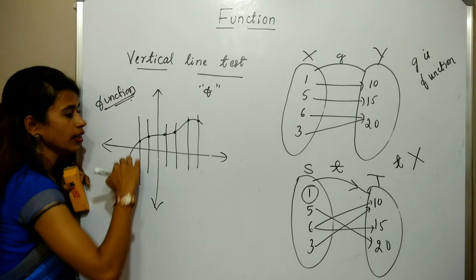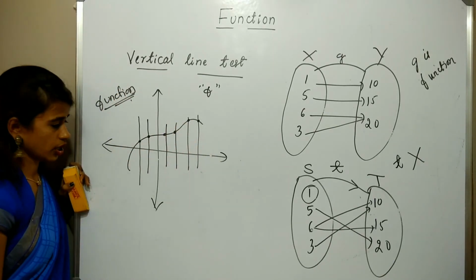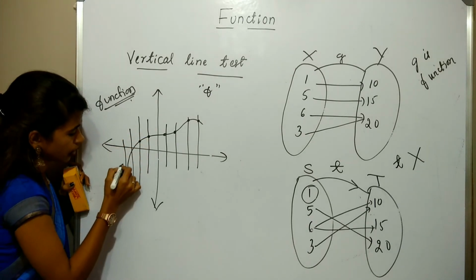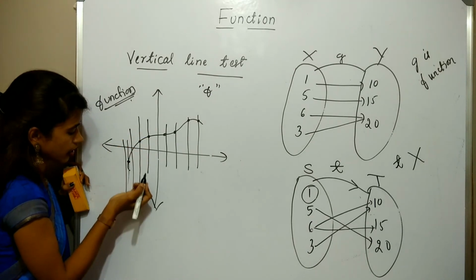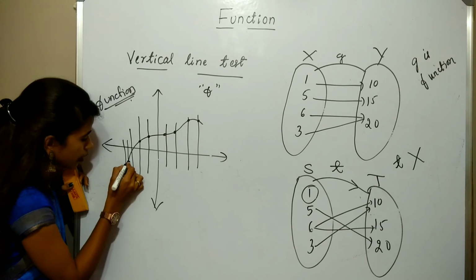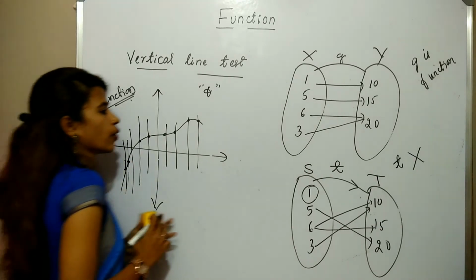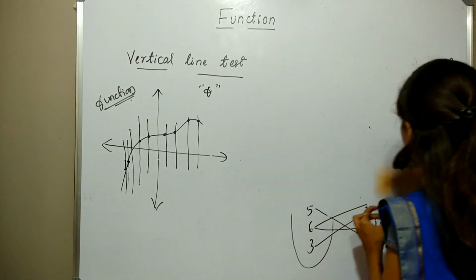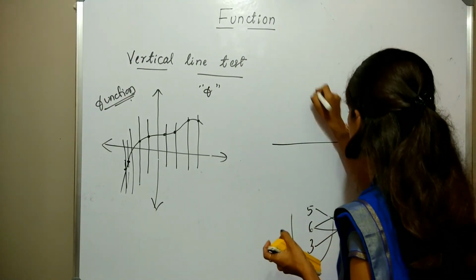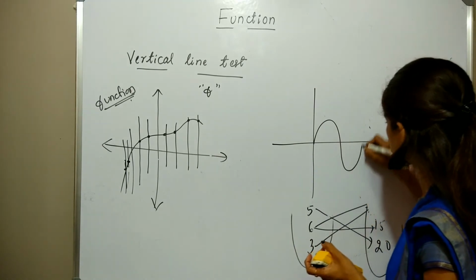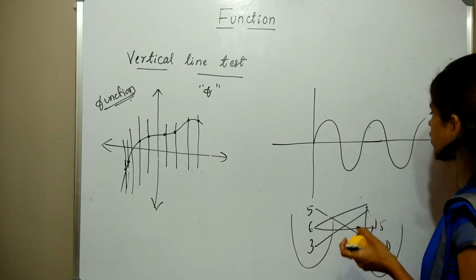Is it okay? Then this curve becomes a function. If I take any vertical line, it touches at one point. Okay. So now I am taking another graph, say like this, that is a sine curve.